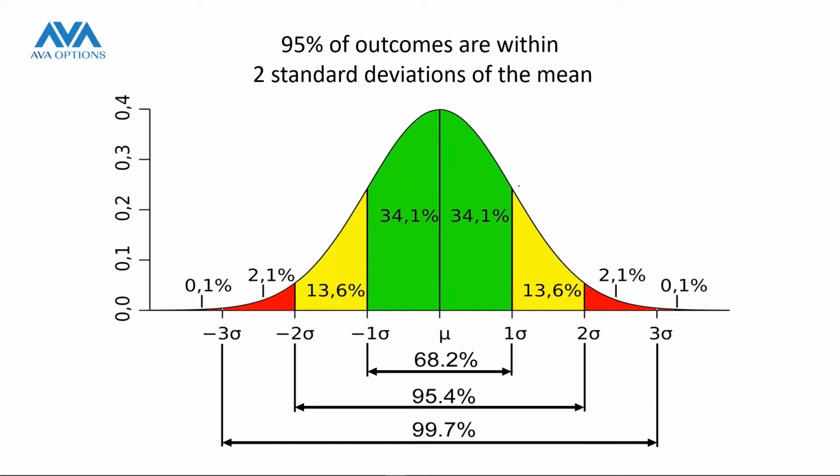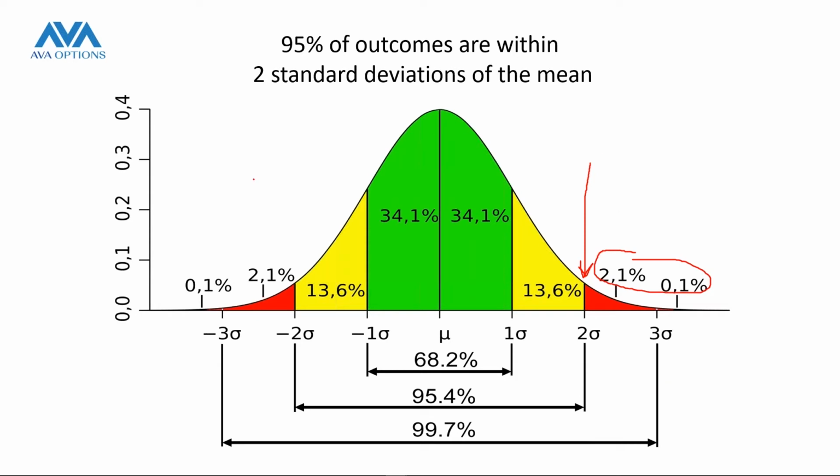Well, what's another way to look at this? Let's talk about the delta. Let's talk about this distribution. An option with a strike here at 2 standard deviations from the mean, you can go back to your statistics classes to learn more about this, only has a small chance of happening.